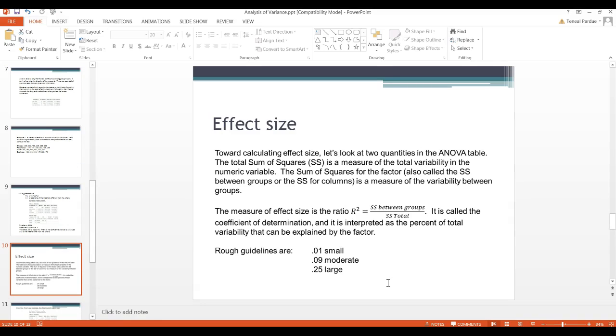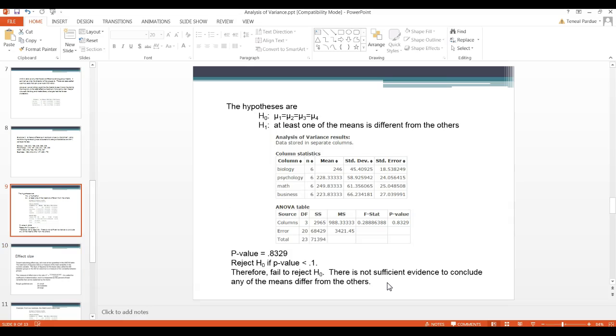Let's talk about the effect size. To talk about effect size, we need to go back and look at 2 of the quantities from the ANOVA table. We talked earlier in the course about the sum of squares as part of the process of computing the standard deviation.